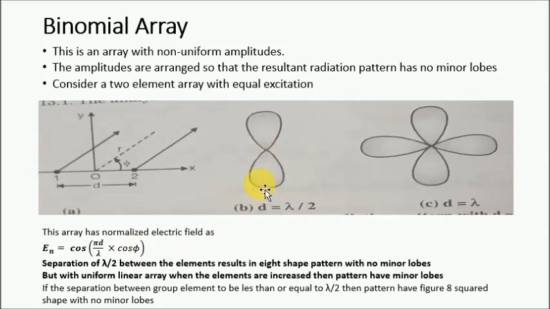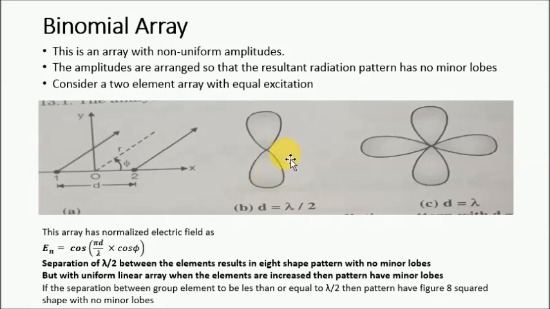With a separation of lambda by 2 between the elements, the pattern does not have minor lobes. But in uniform linear arrays, when the number of elements is increased, the pattern has minor lobes.